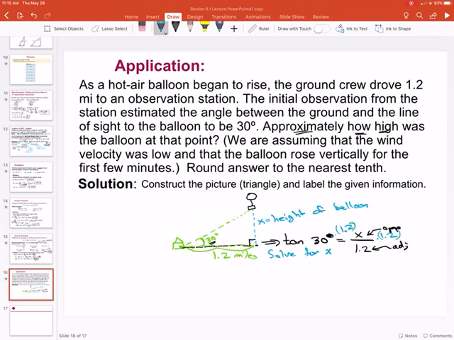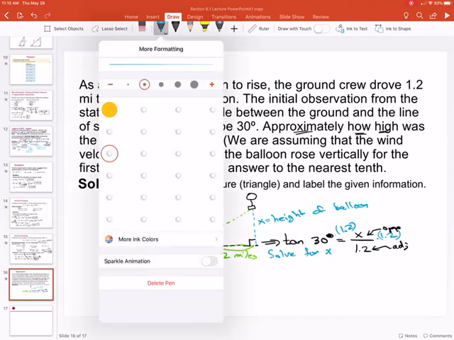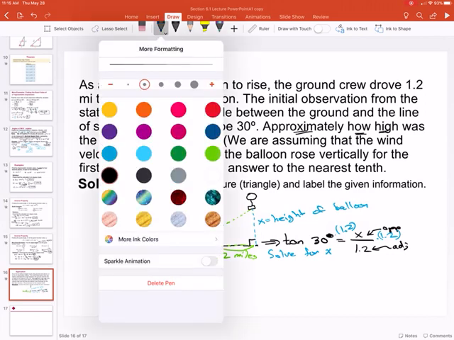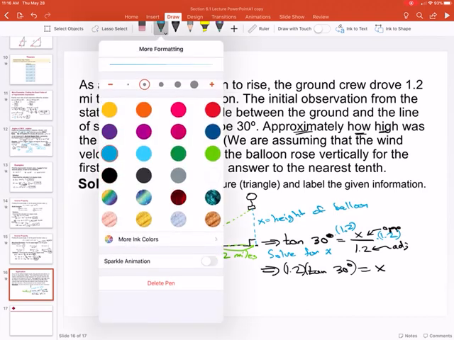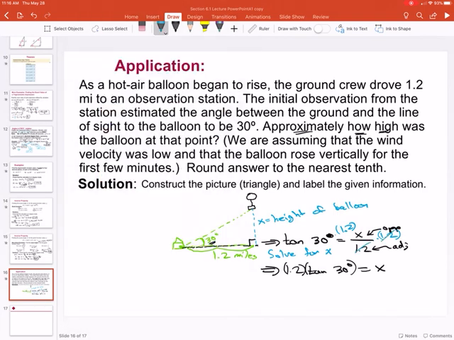Using the multiplication property of equality, we have 1.2 times the tangent of 30 degrees equal to x. We got rid of the coefficient, and we can divide out the 1.2s, and there's our solution.